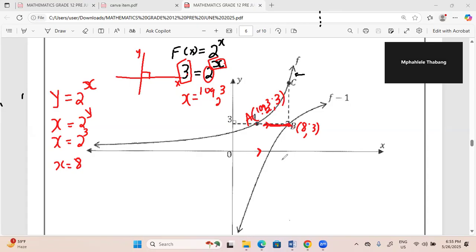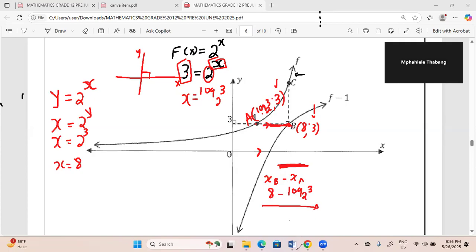So to find the distance from A to B, don't even involve the y coordinate. Don't use the distance formula, because you are looking for the distance of a horizontal line, which is parallel to the x-axis. To find the distance of a horizontal line, you take x at B, which is 8, and subtract x at A, which is log 3 base 2.